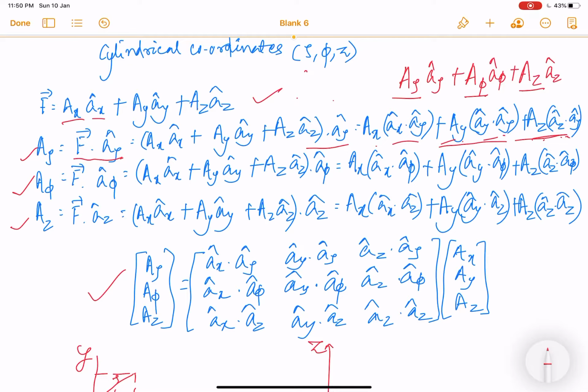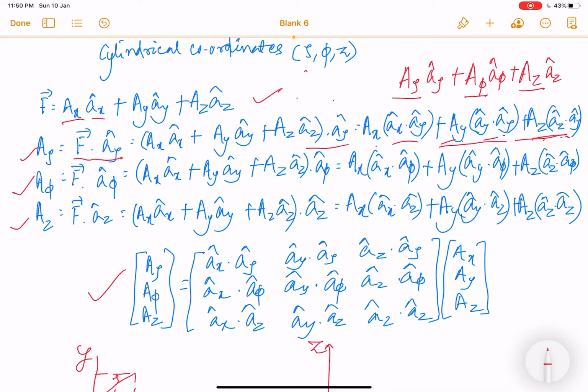Now the question is, what is ax cap dot a rho cap? These are unit vectors, so their magnitude is 1. Basically, I need to find the angle between ax cap and a rho cap.